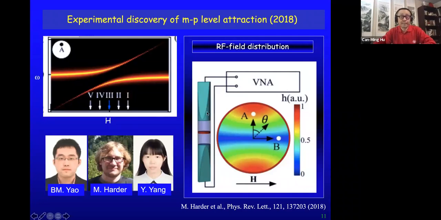You have back and forth reflection of the microwave forming standing waves. Take a cross section here, and you see the standing wave patterns. This is the node position, this is the anti-node position, this is the node position of the microwave magnetic field.